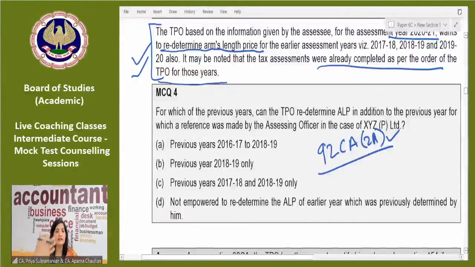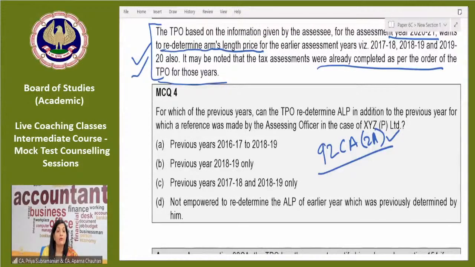So whatever transactions are referred by the AO, he can also determine the ALP of other international transactions as well. Further, the power is also given to him to rectify his order in line with the provision contained in section 154. So 154 says the mistakes apparent from record can be rectified by the TPO.